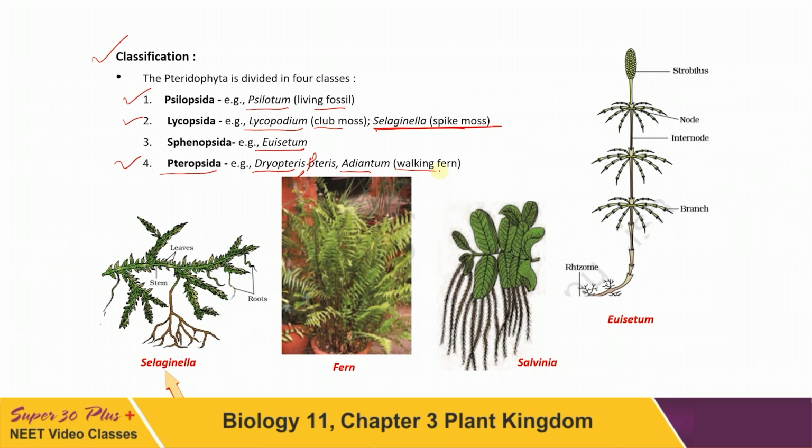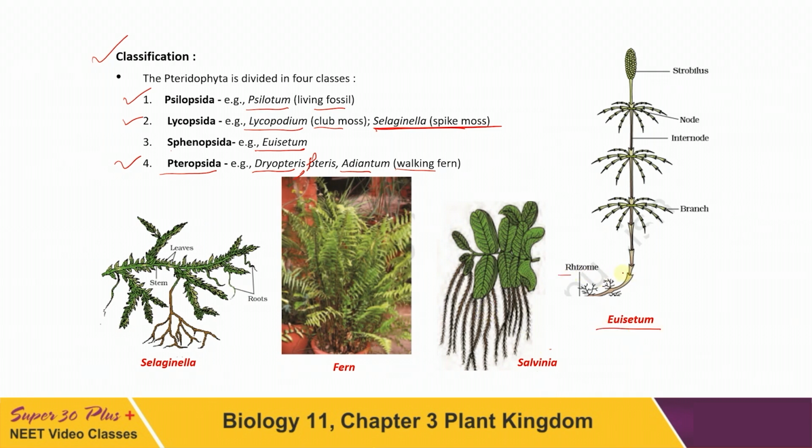These are the diagrams. Selaginella you can see, a large diagram of this. And this is the fern, with big sized leaves, fan-like leaves. This one is Salvinia, and this one is Equisetum.